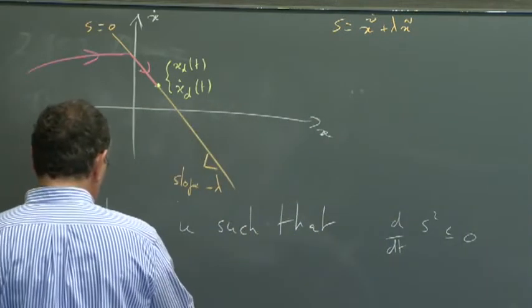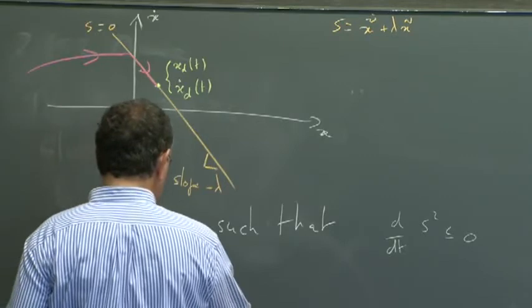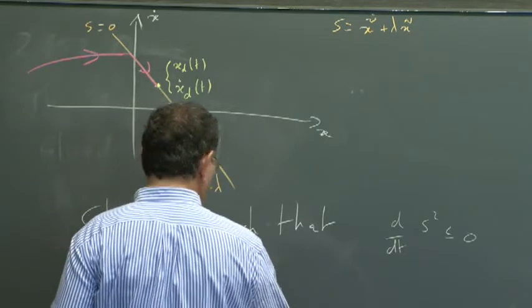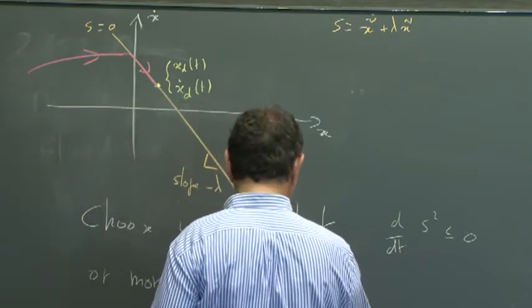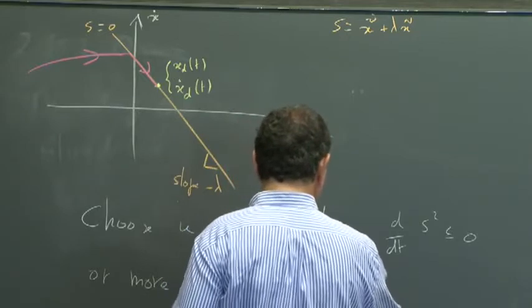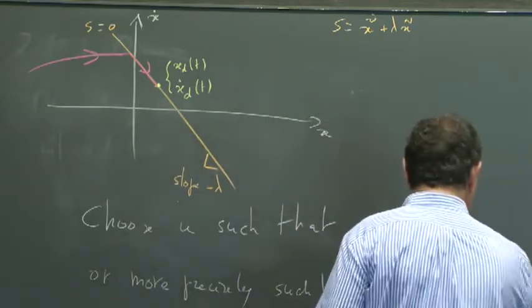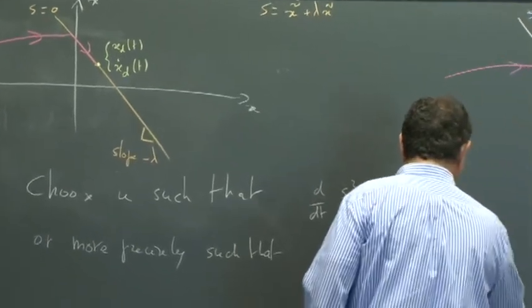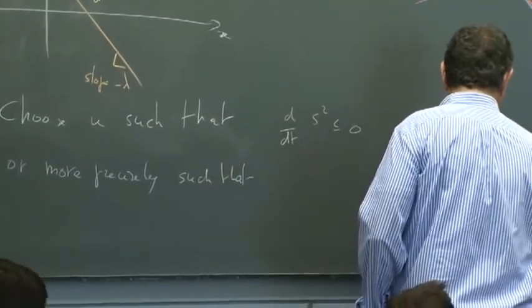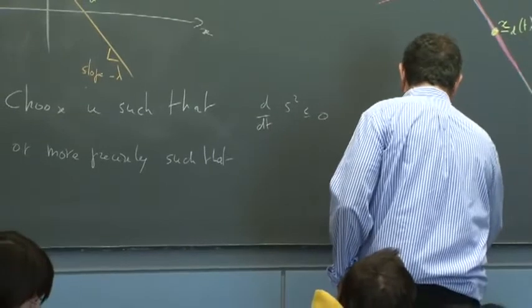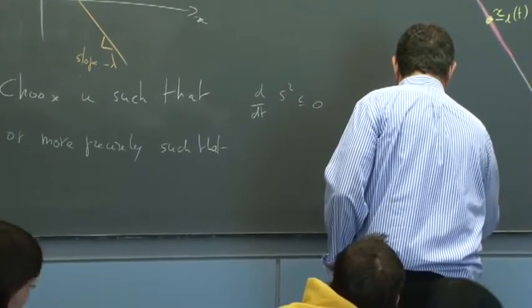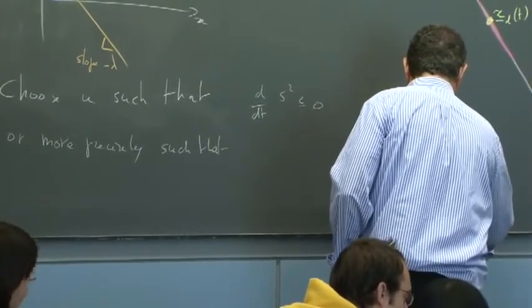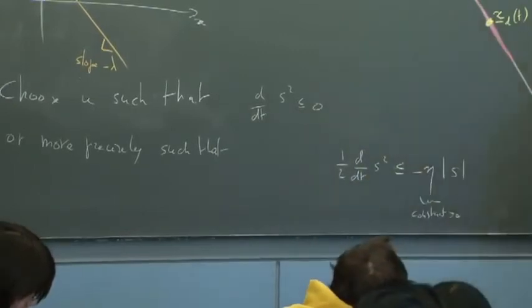But more precisely, we're going to impose something a little stronger, such that 1/2 of d over dt of S squared be less than minus eta absolute value of S, where eta is some positive constant.